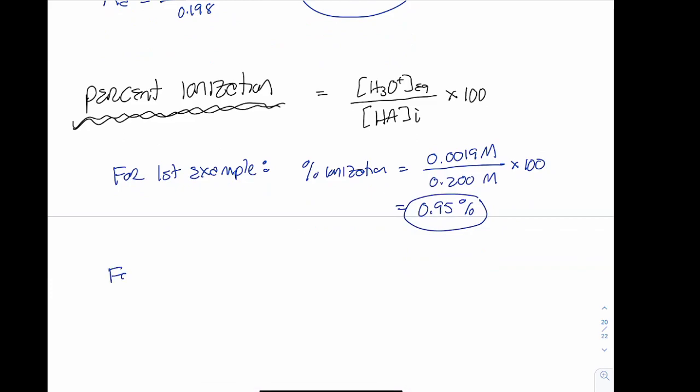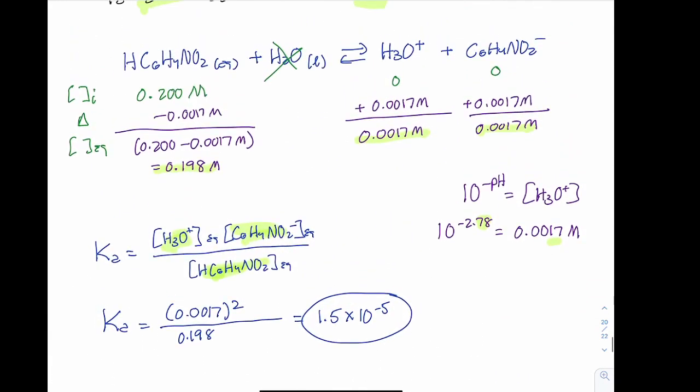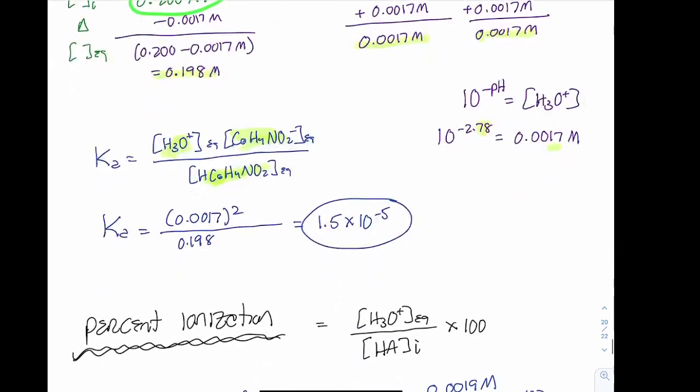For our second example, we'll do the same thing. I'm just going to take my equilibrium concentration of hydronium ions divided by my initial acid concentration. So going back up, this time we're going to have 0.0017 divided by 0.2 molar.